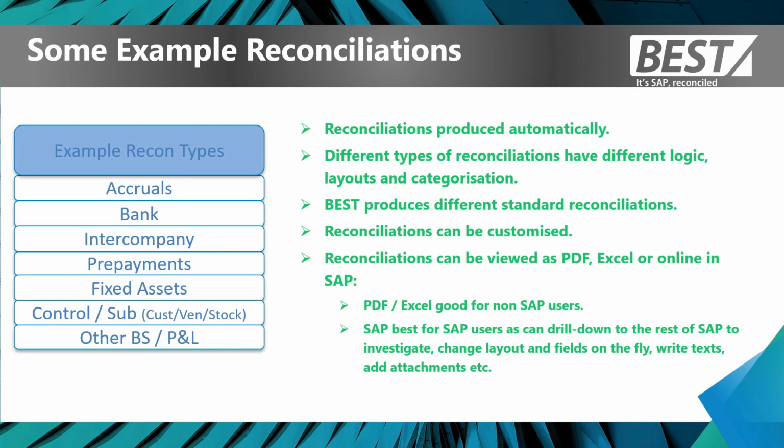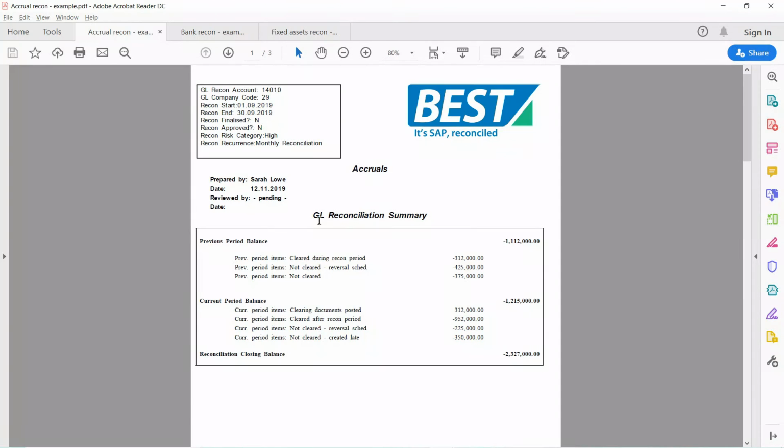They're the most powerful because you can drill down to the rest of SAP to investigate things, look at the documents, change the layouts and fields as you need, write texts, attach reason codes, or attach substantiating documents like PDF bank statements, etc. Okay, so let's have a look at a few examples. I'm going to start with some PDFs because that often rings true for high-level process owners. So here's an example of an accrual report.